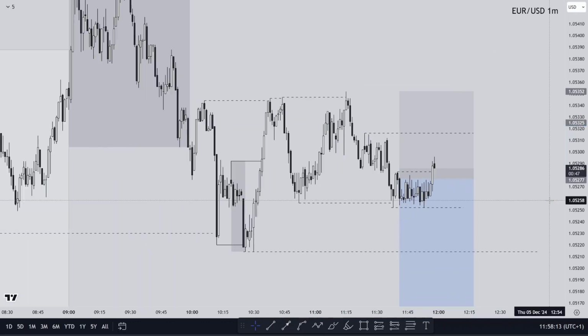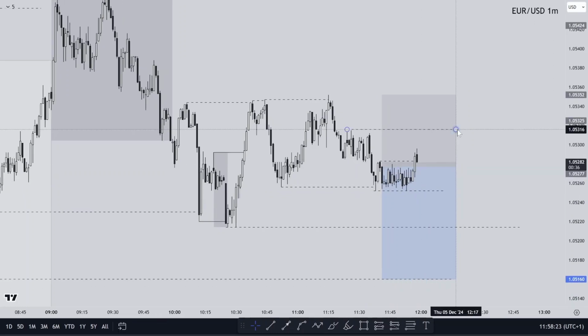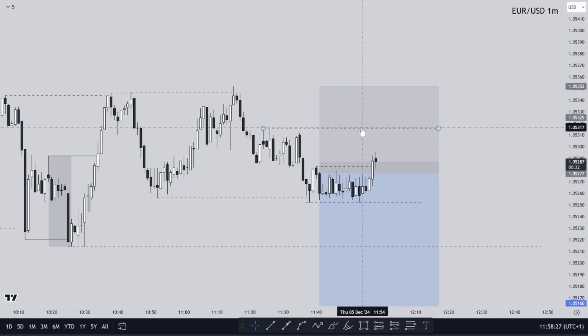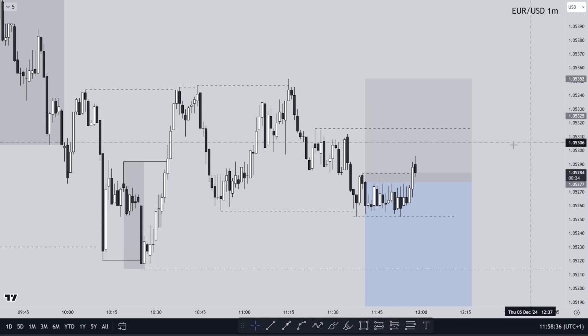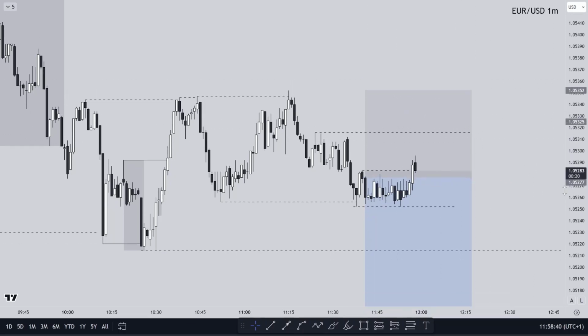Okay, so for the moment I just need to wait. Nothing special. If price closes above this high, probably it will go to stop loss. So I also can close my position before, reducing the loss.